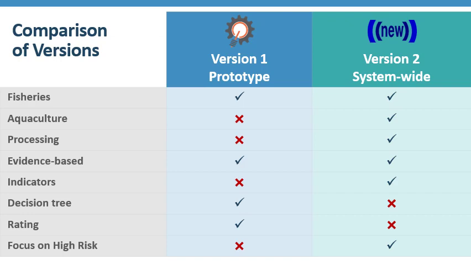Because relationships between indicators of risk and actual forced labor, human trafficking, and hazardous child labor have not been quantified, we were unable to use indicators in the prototype version of the tool. For example, does a certain indicator increase risk by 50%, by 10%, by 90%? We just don't know.